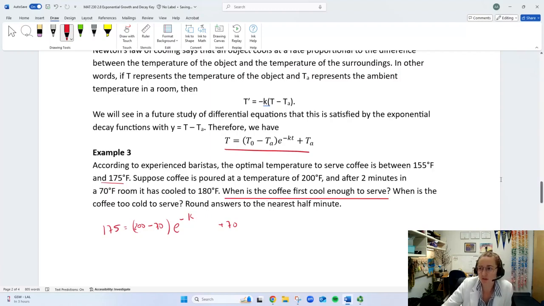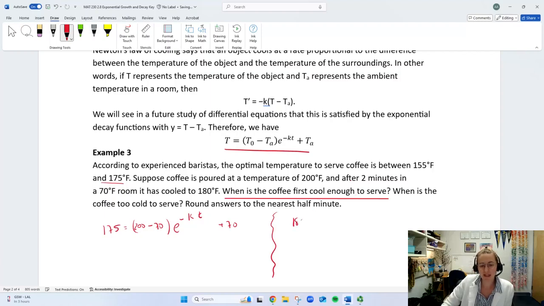We're actually just trying to find that. So we have k and we have t that are both unknown here. So maybe before we try to find when it is cool enough, we could use the 2 minutes that it has cooled off to 180 to find my k value, which will be constant.